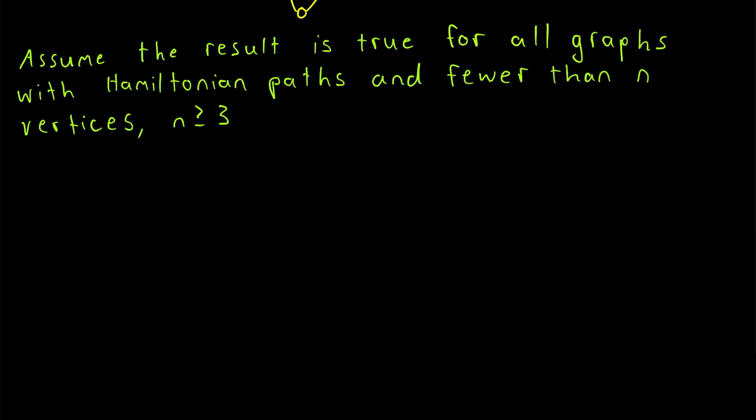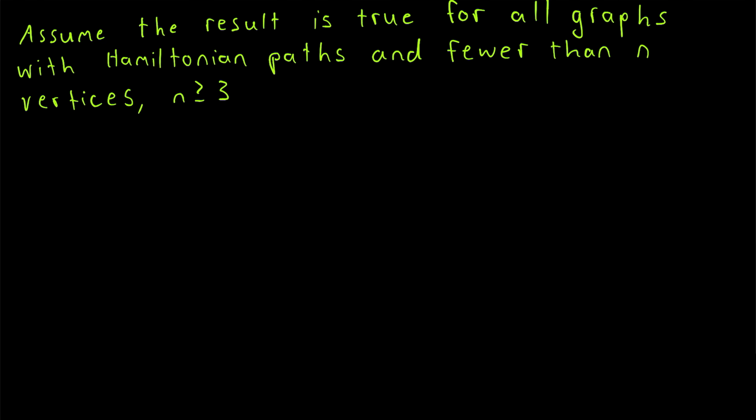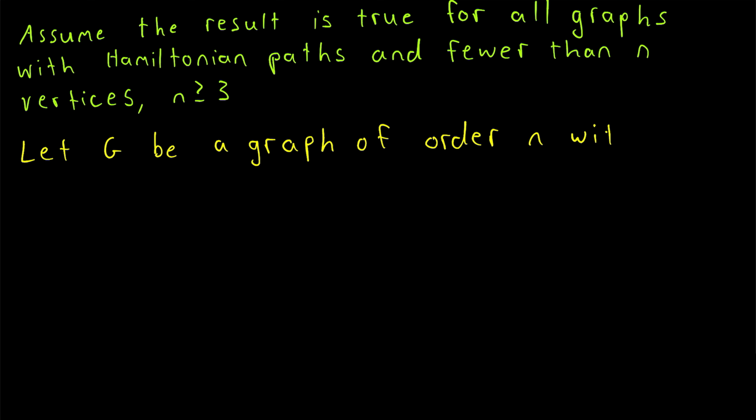So we'll start off by taking a graph of interest, as in let G be a graph of order n. And then also, of course, importantly, let G be a graph of order n with a Hamiltonian path, a path that contains all the vertices of G. And now let's go ahead and name that Hamiltonian path. We'll call it P, and let's name its vertices as well.